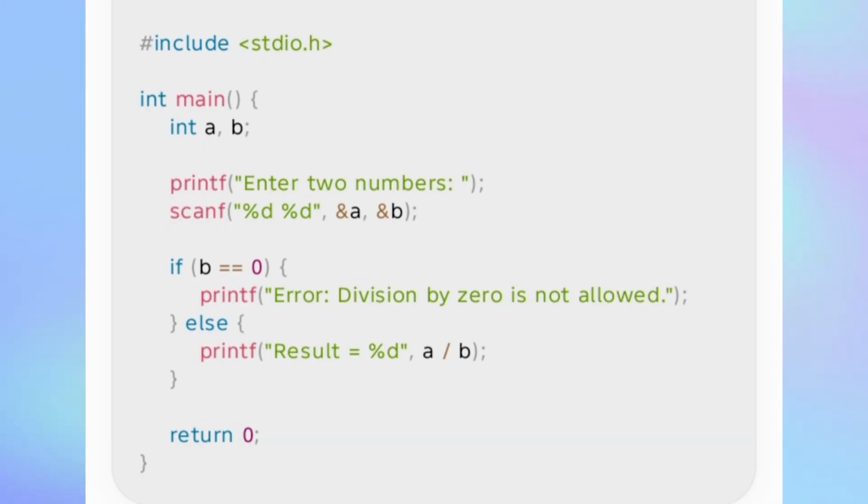If b equals 0, printf("Division by 0 is not allowed"), else print result equals a divided by b, return 0. The return type is mentioned as int in main, that's why return 0.